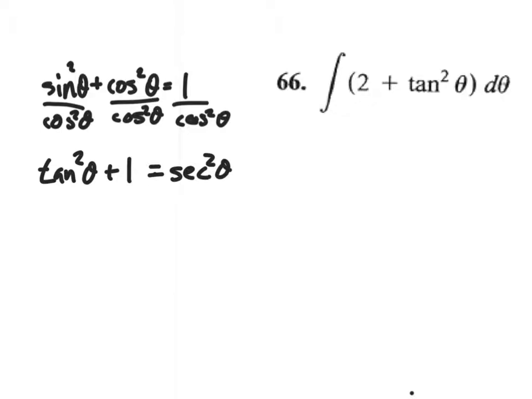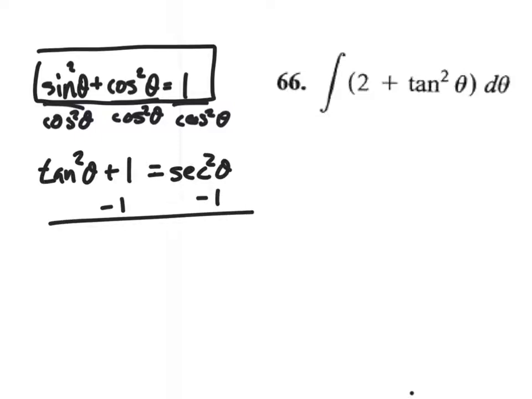I always had trouble memorizing these, but if you remember to start with your Pythagorean identity, then you can easily manipulate this. So let's go ahead and solve for tangent squared theta. Let's subtract 1 from both sides, so we get that tangent squared theta is equal to secant squared theta minus 1. Let's substitute that in for tangent squared theta here.